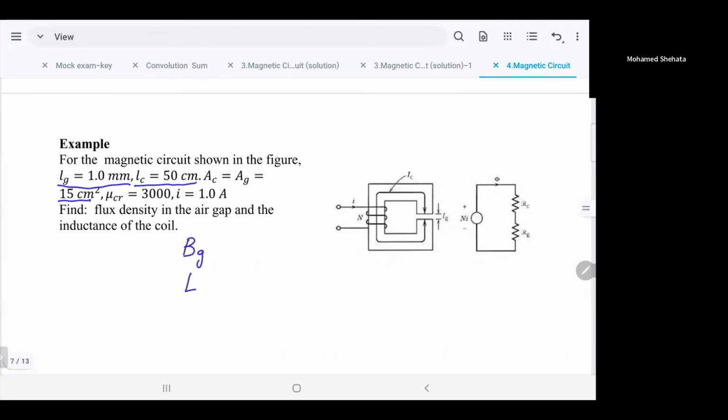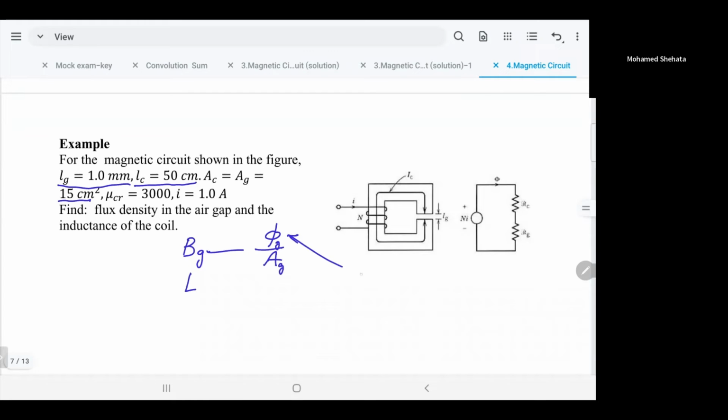But the question: how do we find the flux density? Find flux density B. To find B, what do you need? You have to have phi, right? Because the flux density equals phi over area. So you need the flux in the air gap and the area of the gap. How do you find the flux itself? What's the relationship? Do you know any equation that relates flux to current, to L, to all the information given in this problem?